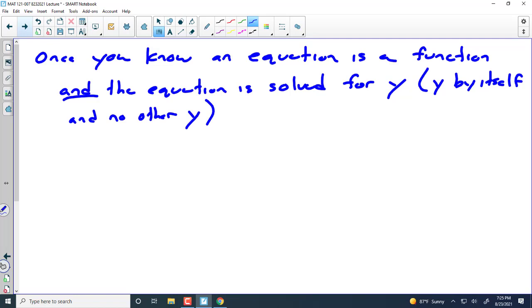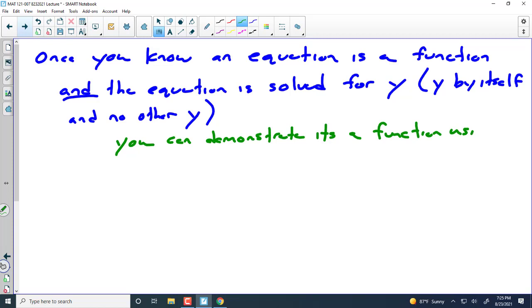So you have one y all by itself on one side of the equation and there's no other y's anywhere else. That means solved for y. So once you know something is a function and you've solved it for y, you can demonstrate it's a function using function notation.